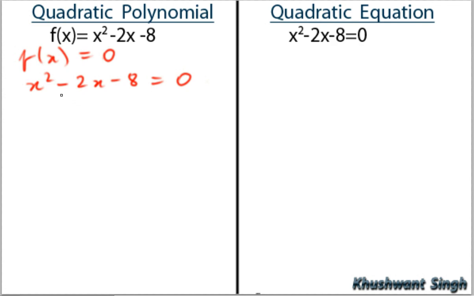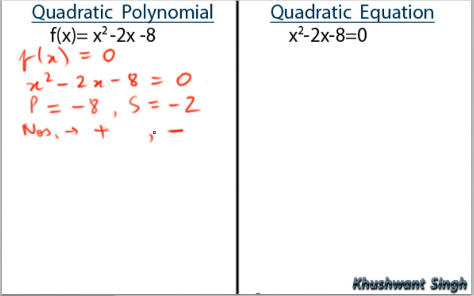Now over here, this is a quadratic polynomial and we have to factorize it. So to factorize, we'll just split the middle term. The product of the two numbers into which we will split the central term is minus 8 and the sum is minus 2. We know that when the product is negative, one number is positive and the second number is negative.